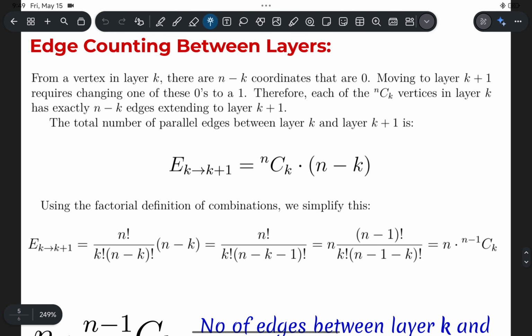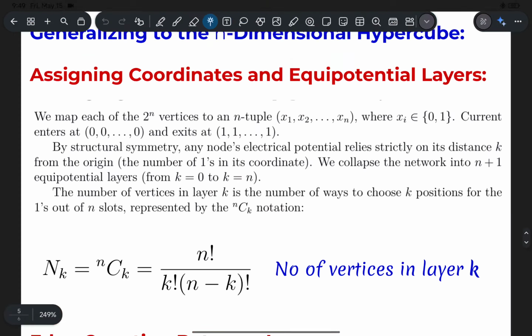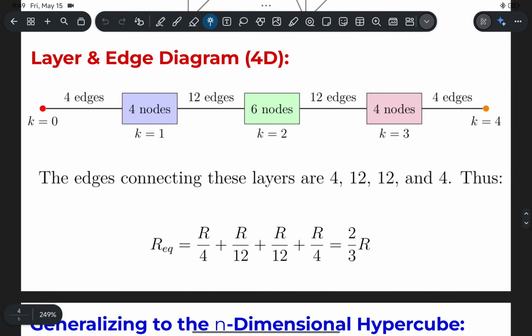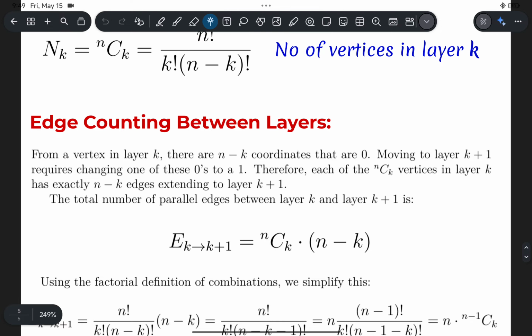Next, we have to count how many edges there are between the layers. So in the 3D cube also, when you saw, it was just this number into the number of zeros, and the number of zeros in each layer, or from the kth to the k plus 1th layer, is n minus k.